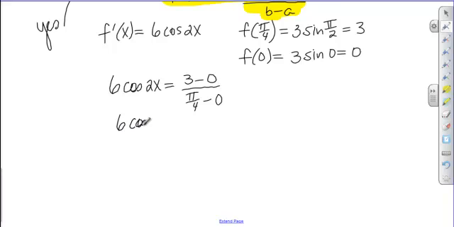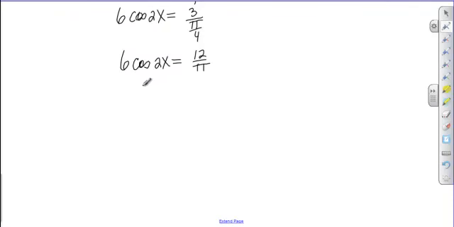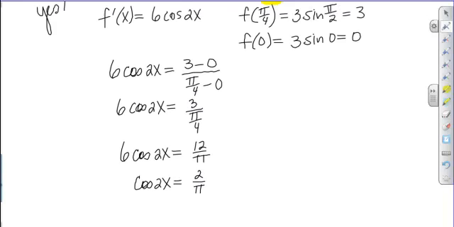Simplifying the right side of that equation, we'll end up with 3 divided by pi over 4, and that then would be 12 over pi. Solving for cosine of 2x by dividing both sides by 6, I'll have 2 over pi equal to the cosine of 2x.